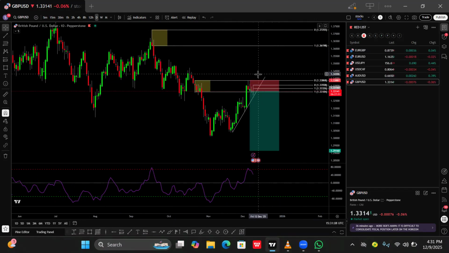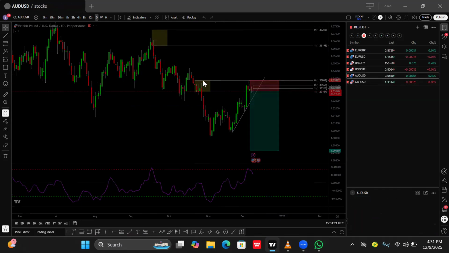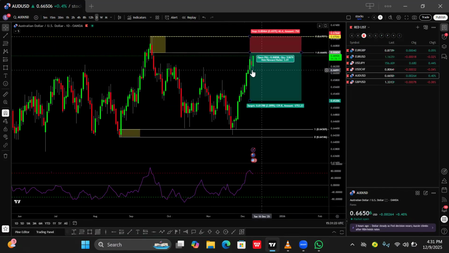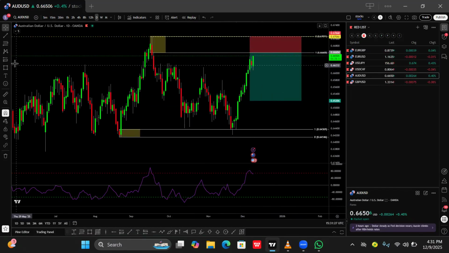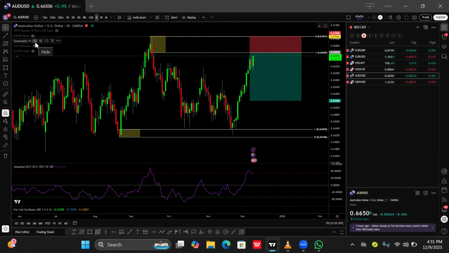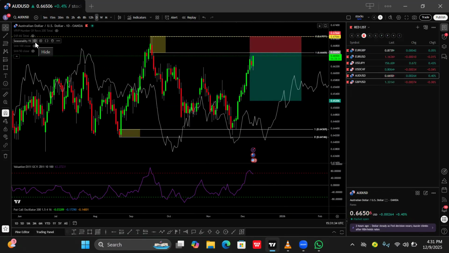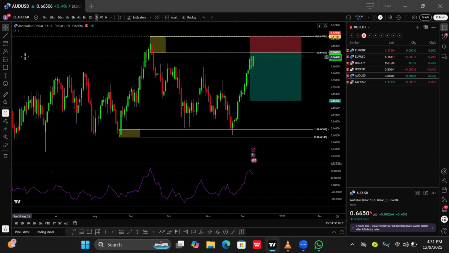Unless it breaks out here and the fundamentals have changed, maybe something has changed in the story or the narrative, then I would look to reposition myself either for buys or just sit on the sidelines. Same goes for the Aussie dollar. I would look at this to see if there's small potential downside after their rate decision early this morning for Australia. And if there's not, then we stay away from this market.